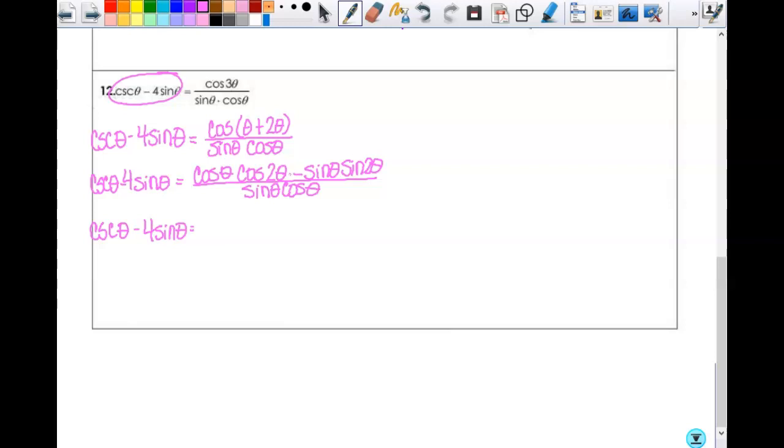Here's the deal with cosine 2 theta. Find cosine 2 theta on your double angles and look at it. Don't just stare up here because I'm not going to put it up here, because I'm going to make you look at this. You have how many choices? I got 3 choices, right? 3 choices of what I can decide to substitute in. And we could decide on any of them. But let's think about this.